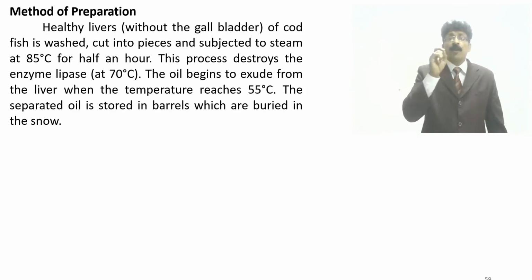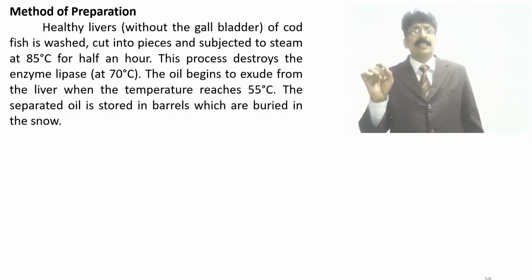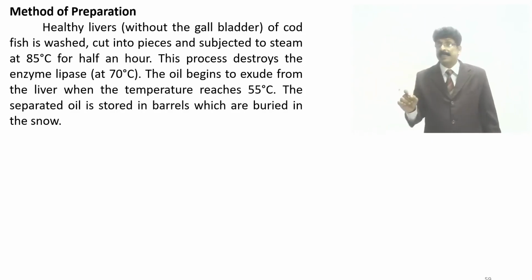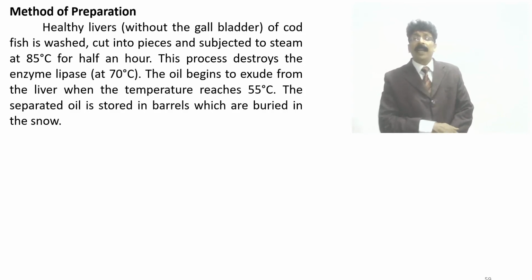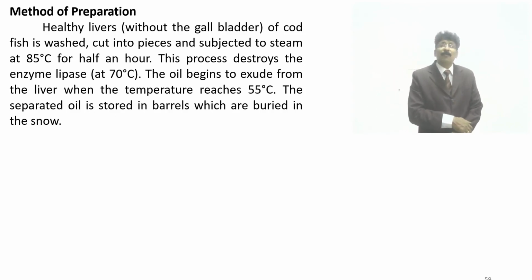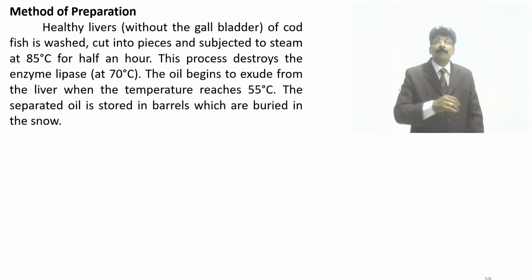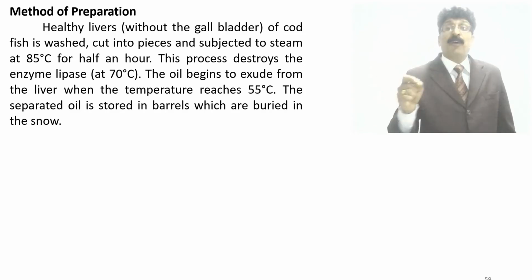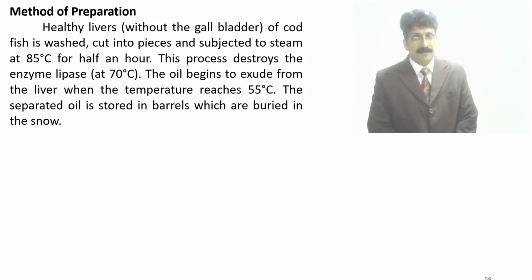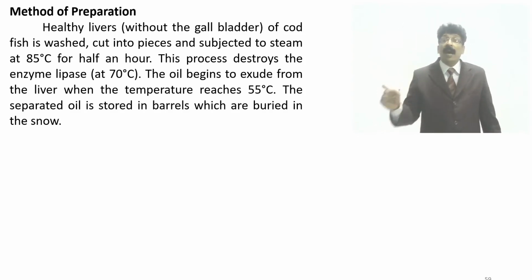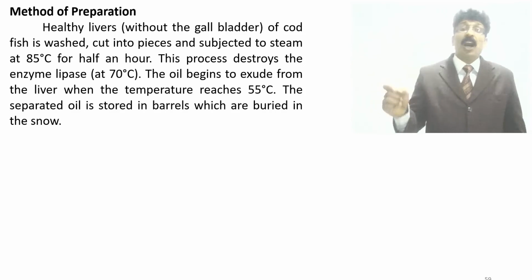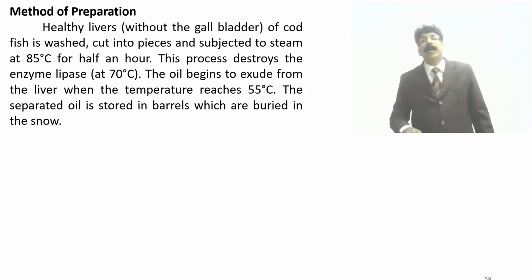This process destroys the enzyme lipase at 70 degrees centigrade. The oil begins to exude from the liver when the temperature reaches 55 degrees centigrade. The separated oil is stored in barrels which are buried in the snow.